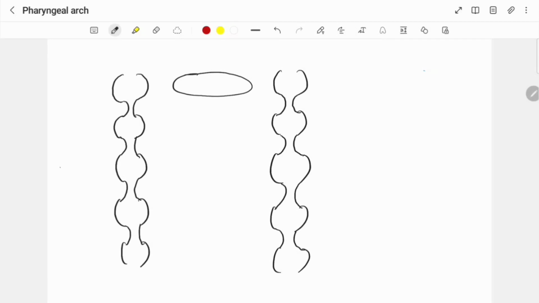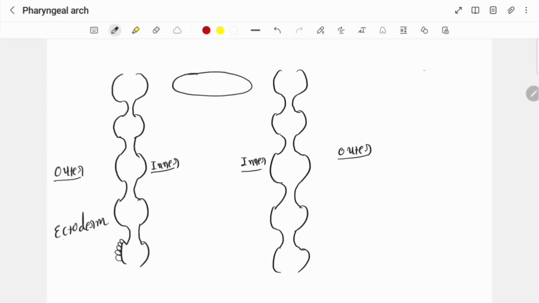So this is your outer side, this is also your outer side, this is your inner side, and this is also your inner side, right? This outer portion is lined by an epithelium which is called ectoderm, and this inner side is also lined by an epithelium which is called endoderm.